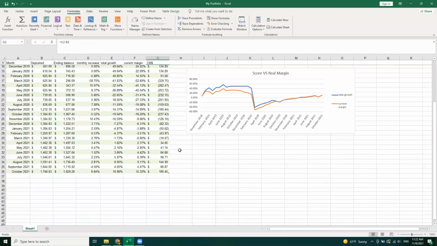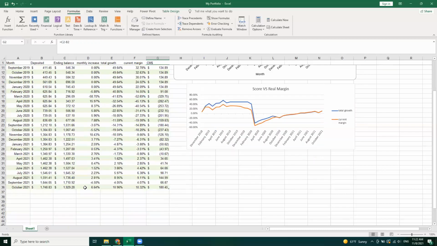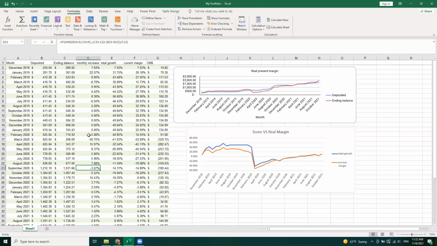Hopefully you find that useful. I'm actually going to flash over the columns quickly. This monthly increase looks like it actually got more complicated at one point also. What does it say? If they're both 0, then do 0.